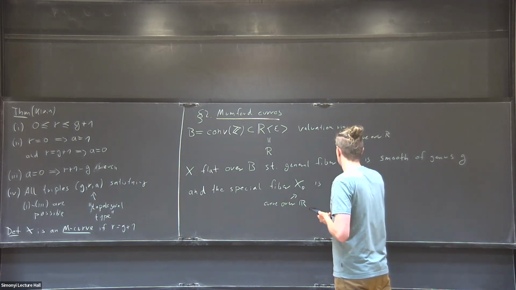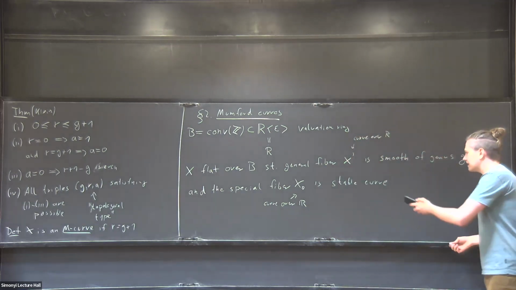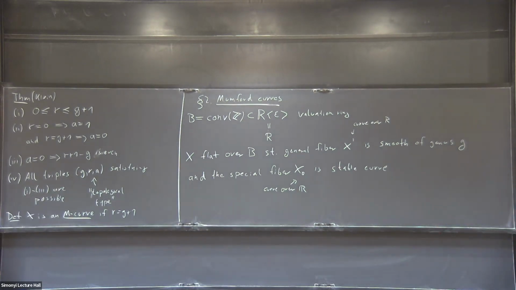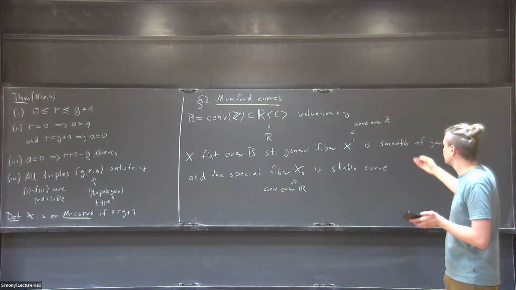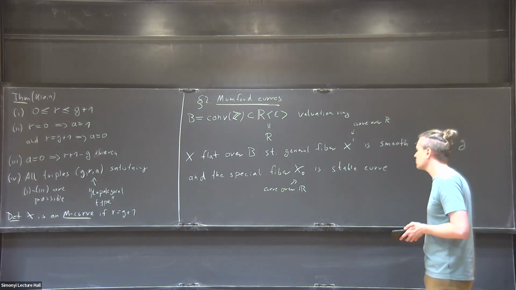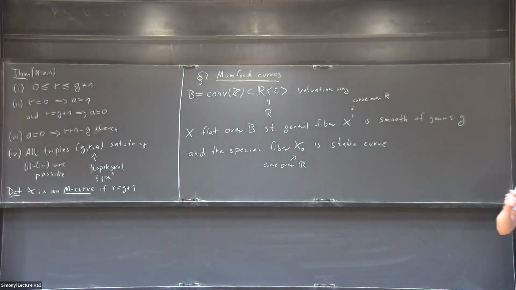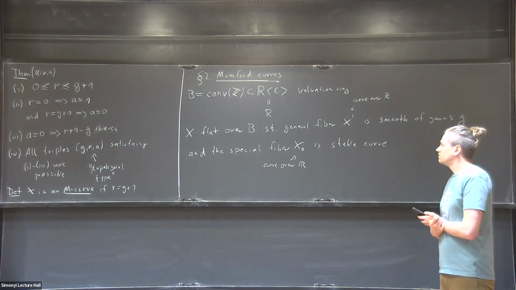We want it to be stable. Now, stable not in the sense of stable polynomials or something, but as in deformation theory. So it's a connected projective curve which has only nodal singularities, and every smooth rational component intersects every other component in at least 3 points. And this is a condition over the algebraic closure. Yes.